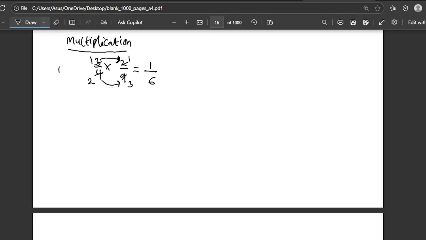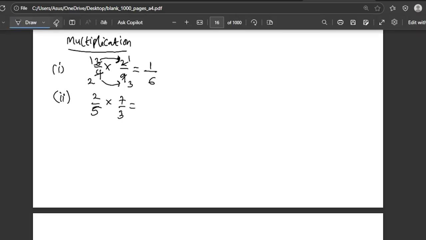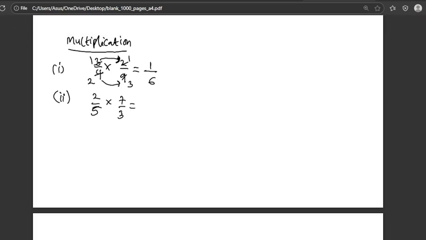Example, if we have 2 over 5 times 7 over 10. In this case, there are no common factors to cancel out. So we just multiply 2 times 7, then 5 times 2.